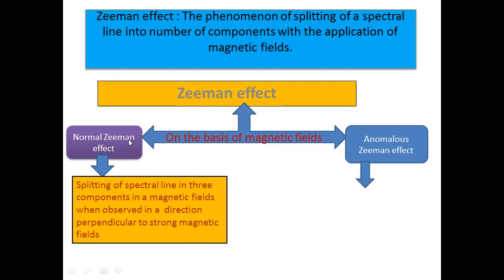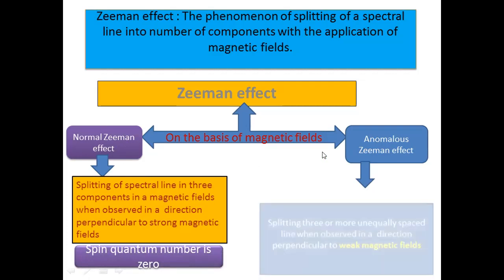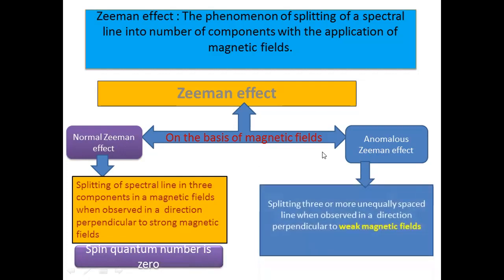In the case of the normal Zeeman effect, the spin quantum number is 0, that is, S equals 0. In the case of the anomalous Zeeman effect, the spectral line is split into more than three components. These are unequally spaced lines when we observe in a direction perpendicular to the weak magnetic field.